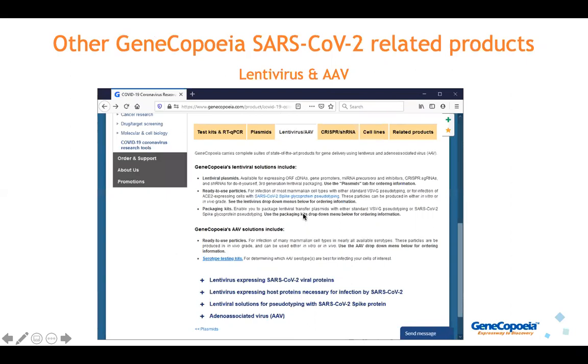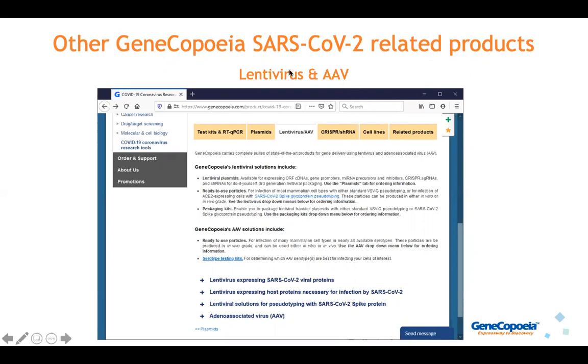Before I move on, I mentioned that the Gordon et al. paper showed that there are 332 interacting proteins, and you can order any of the genes encoding those proteins from GeneCopoeia in various vectors.